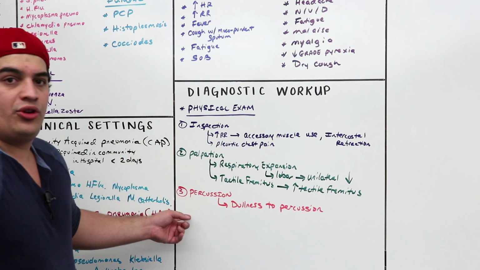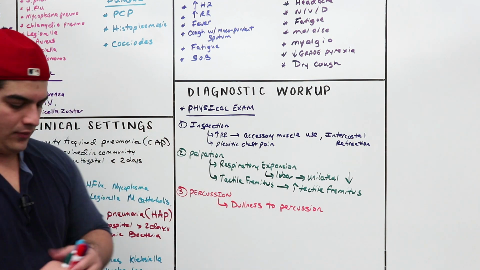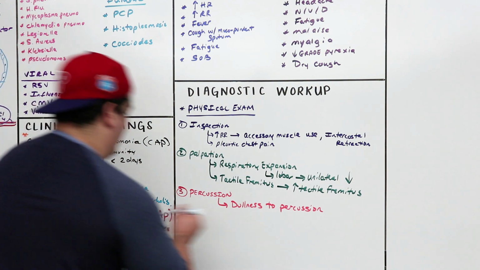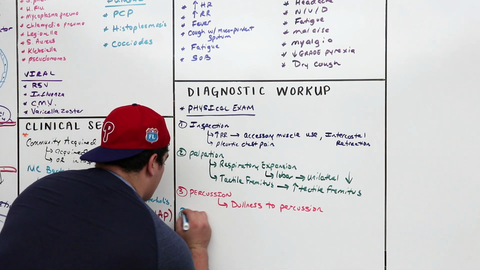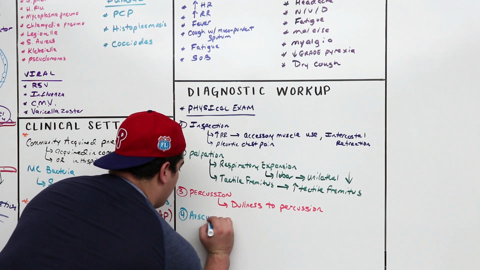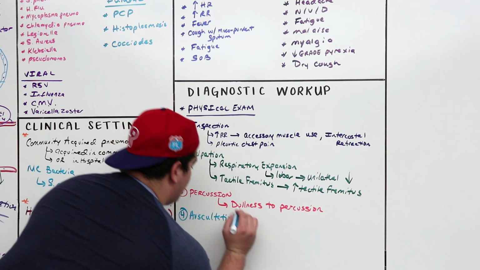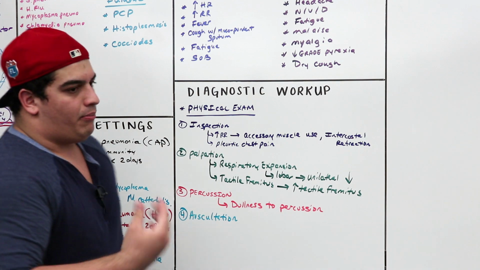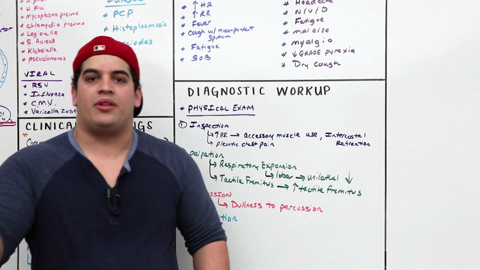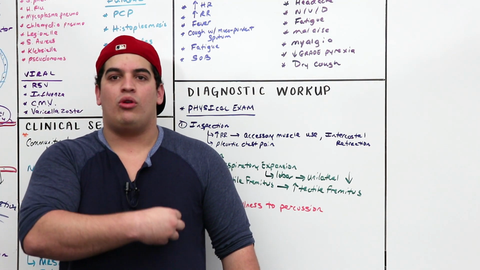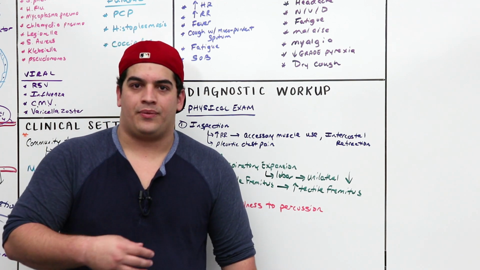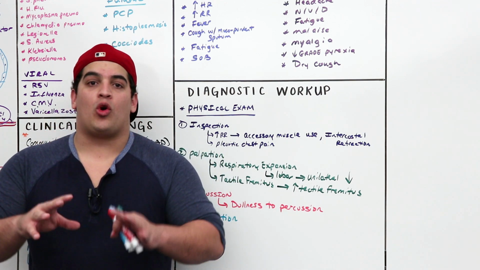Now the next thing we go to is auscultation. Auscultation is what you classically see with someone bringing their stethoscope, putting it on their chest, and moving it around, right? And they're listening. What you're listening for is normal breath sounds.